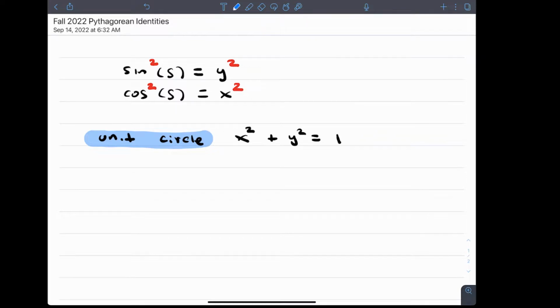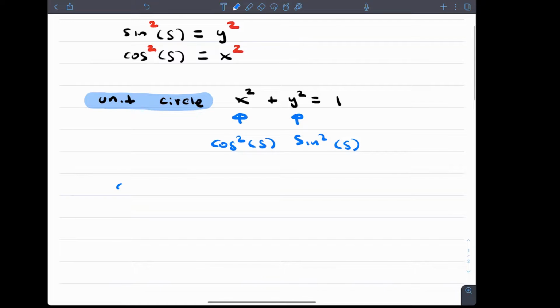And so that means we can replace here the x squared with what? Cosine squared s. We can replace the y squared with what? Sine squared s. And so this gives rise to your first Pythagorean identity. Okay, so this is the first one.